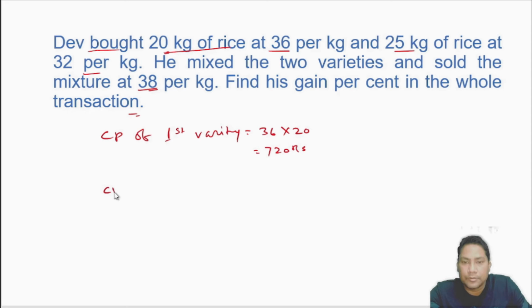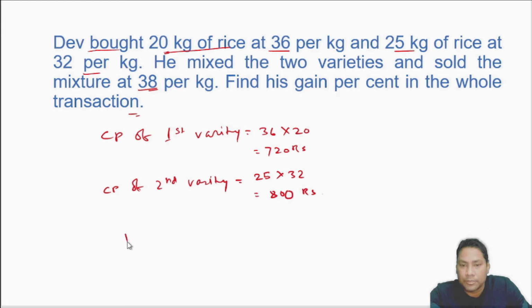Now the cost price of the second variety, that is 25 kg multiplied by 32 rupees per kg. This will become 800 rupees.